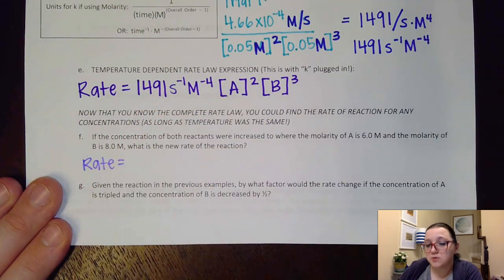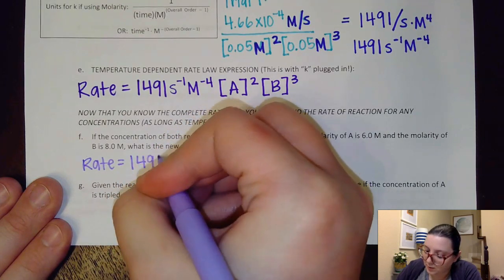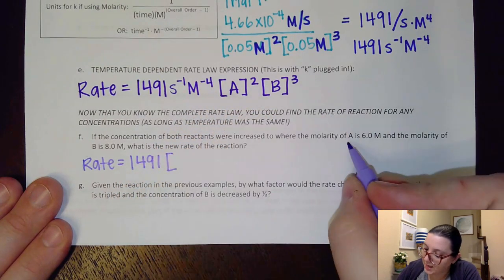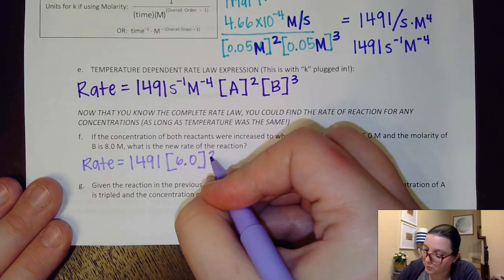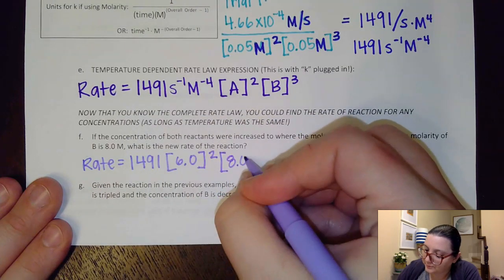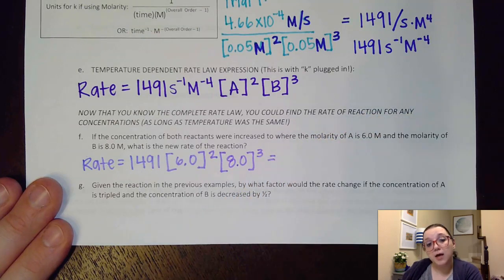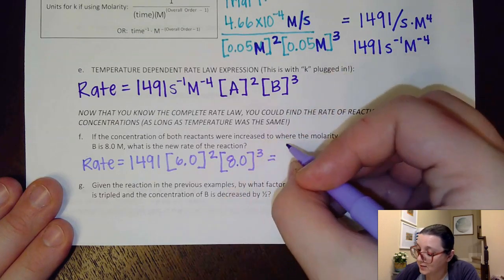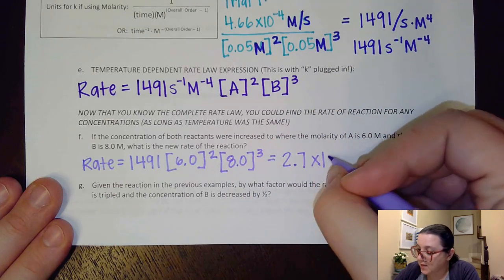Rate equals, and I'm going to do this without units. We'll talk about units at the end here. So I'm going to have 1491. We said that A is now going to be 6 molar. That's going to be raised to an order of 2. B is now 8 molar, raised to an order of 3. And when you plug this in your calculator, what it ends up getting is an answer of 2.7 times 10 to the 7th.